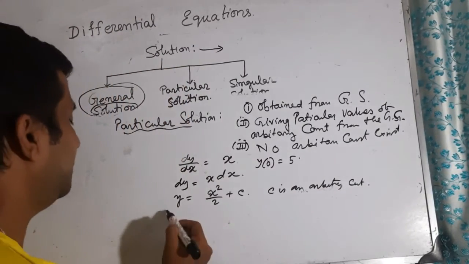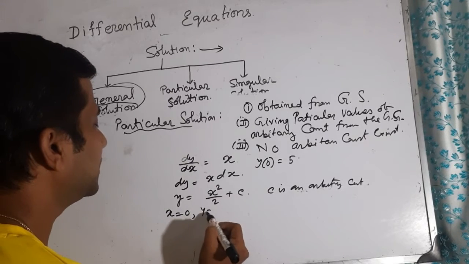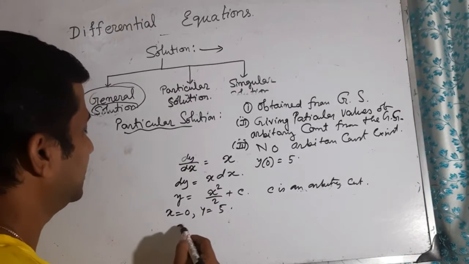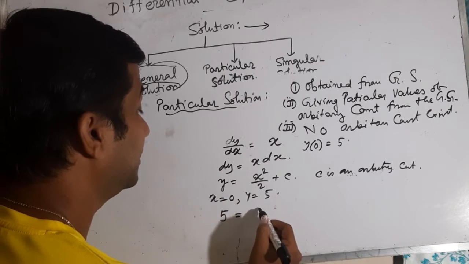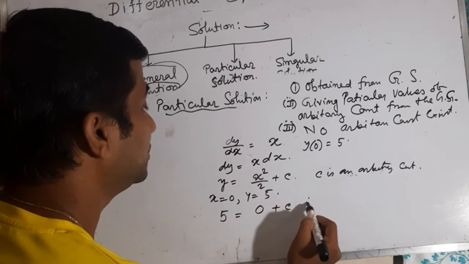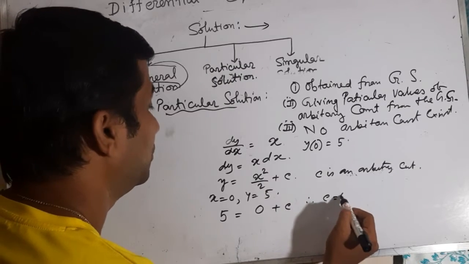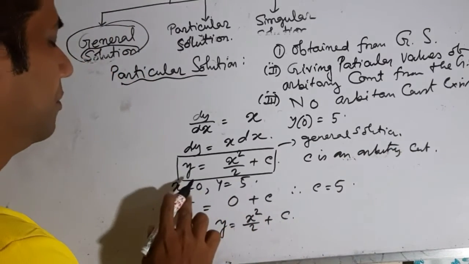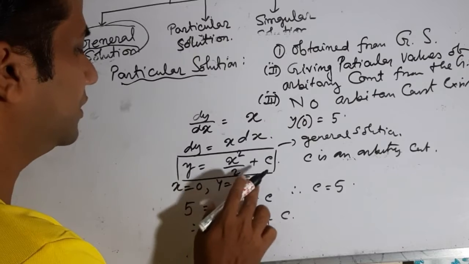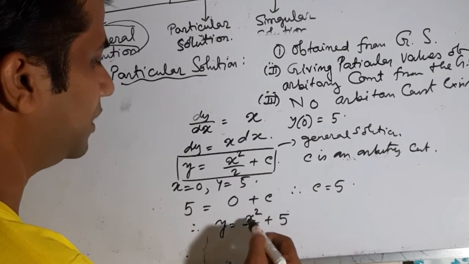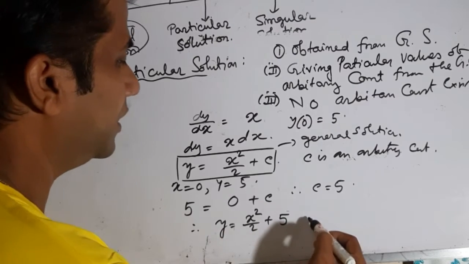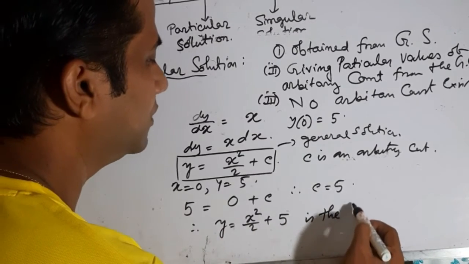Now y(0) is equal to 5 means at x is equal to 0, y is equal to 5. Putting y is equal to 5 and x is equal to 0, we get c is equal to 5. Therefore, putting c is equal to 5, y is equal to x square by 2 plus 5 is the particular solution.